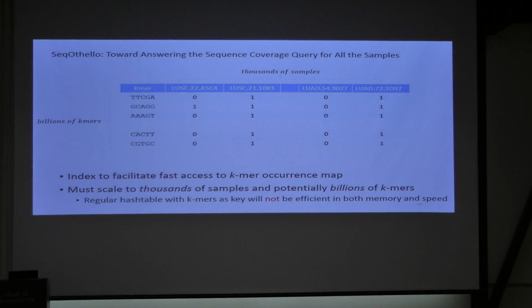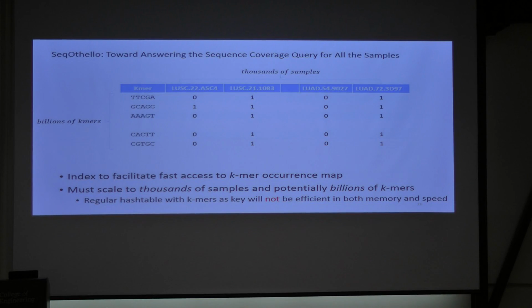How do we scale it to thousands of samples and billions of k-mers? We need to develop a method to facilitate fast access to this huge occurrence map to support super fast queries. In this occurrence map, for each k-mer, we have its presence information for each data set. 0 means it's absent in this data set, and 1 means it's present in this data set.